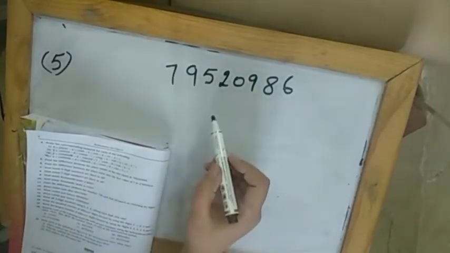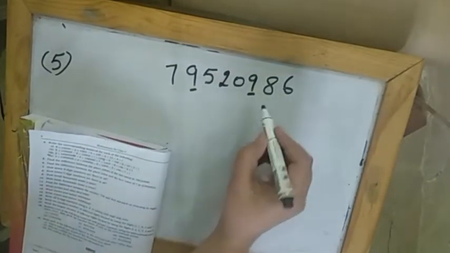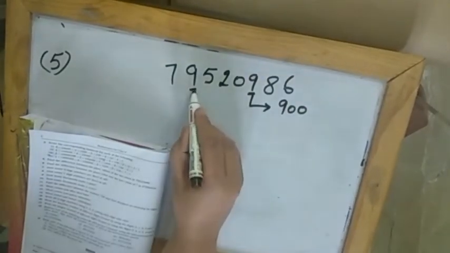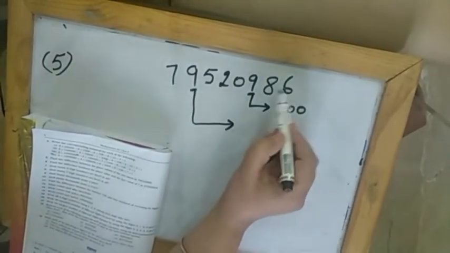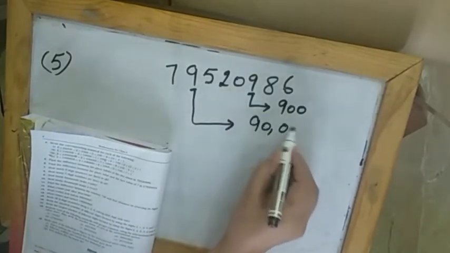So I have to subtract the place values of the two nines. This is one 9, this is the second 9. The place value of this one is 900. And for the other, 1, 10, 100, 1000, 10,000, lakh, 10 lakh, so it is 90 lakhs.